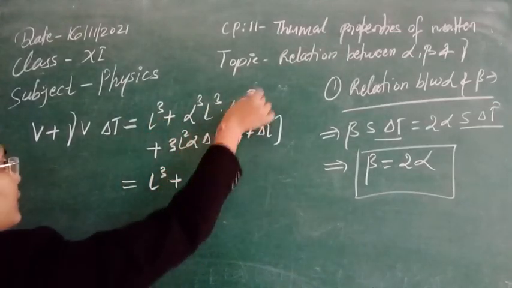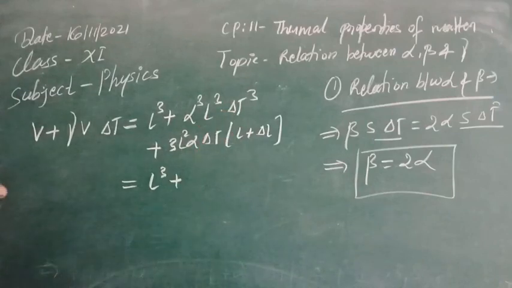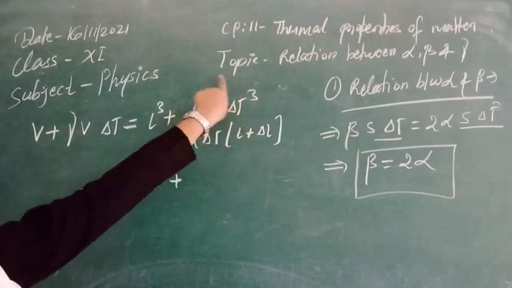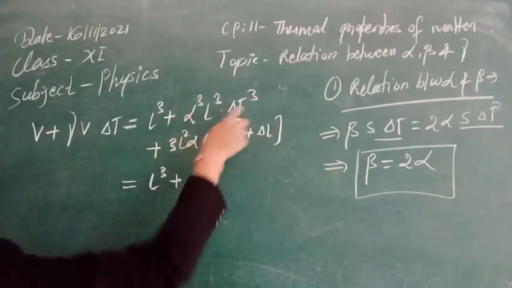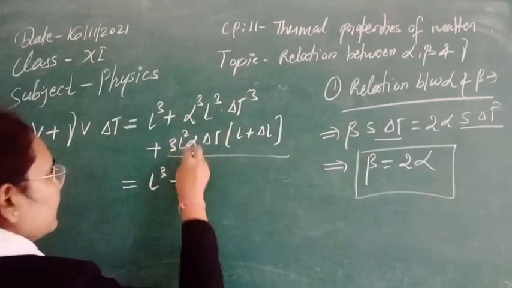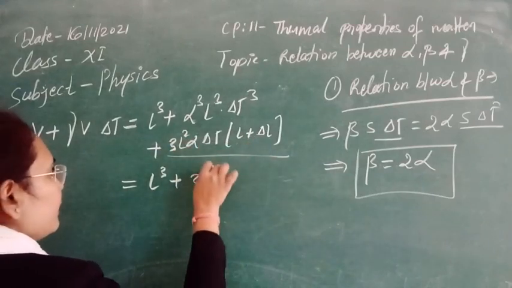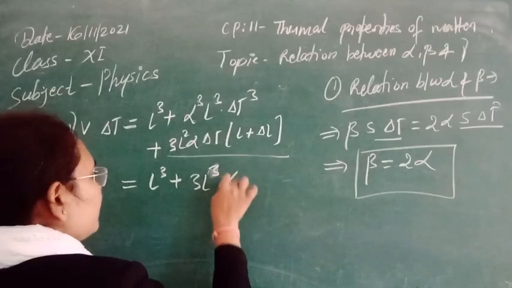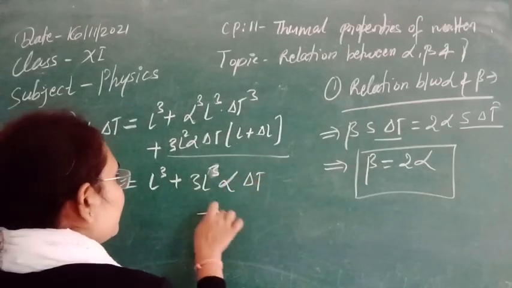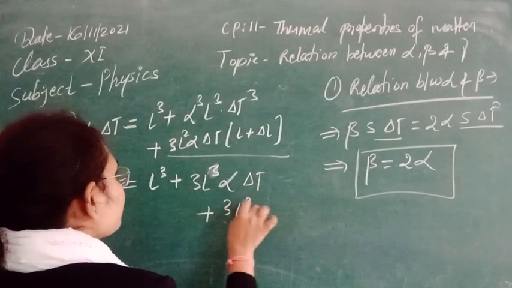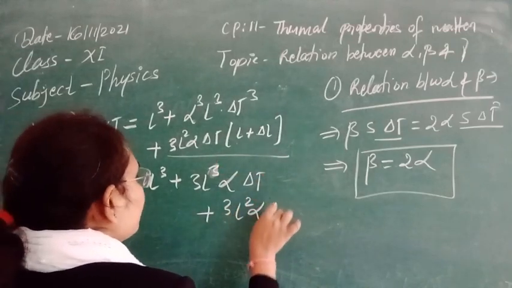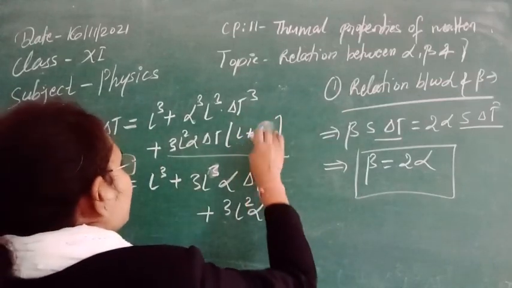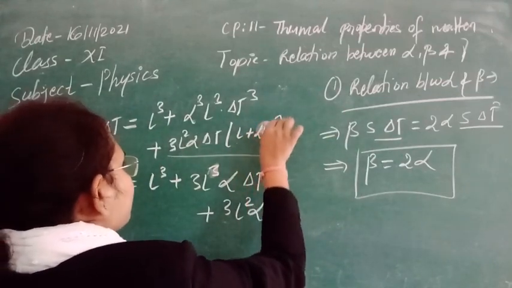This is L cube. In this factor, as delta T is very small, its cube will be very small, so we can neglect this factor. If we neglect this factor, then only this factor remains, and let's multiply this one. So this will be L cube alpha delta T, then plus again 3L square alpha delta T, sorry, here alpha L delta T should be there.